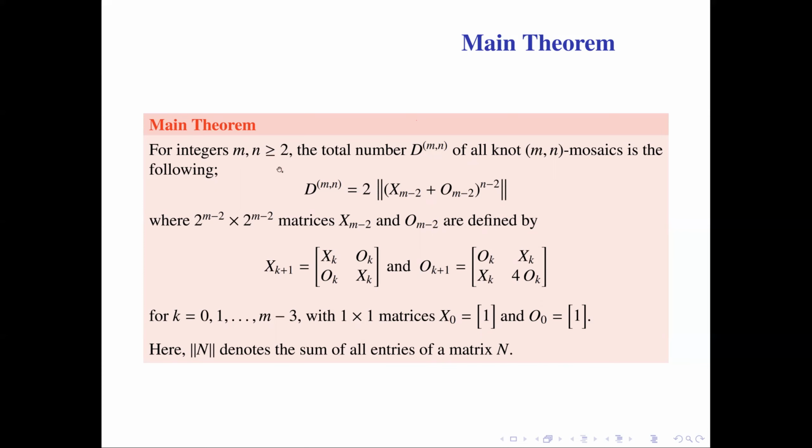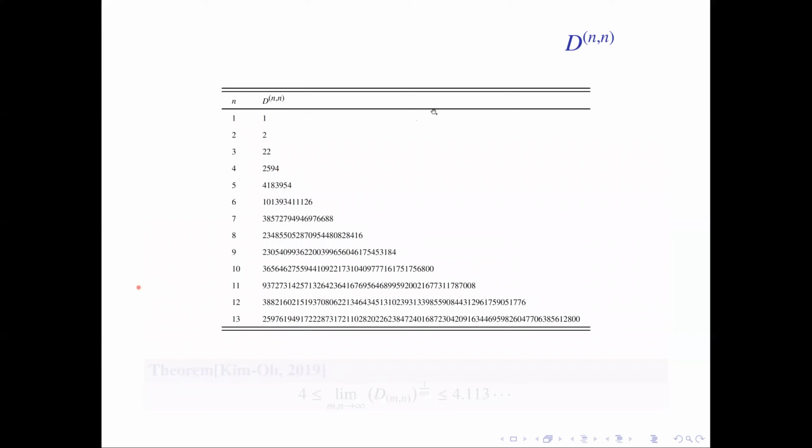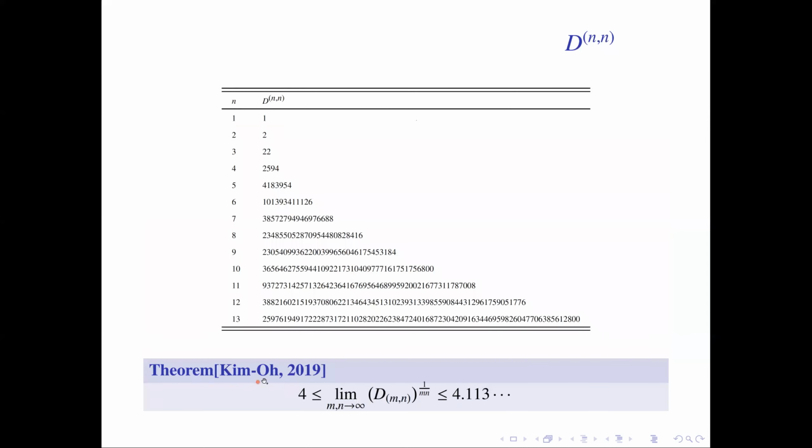Finally, we summarize our findings in this table. Indeed, this number grows at an exponential rate. And in 2019, Kim and Oh proved this rate, which they called the mosaic constant or entropy. That's all.